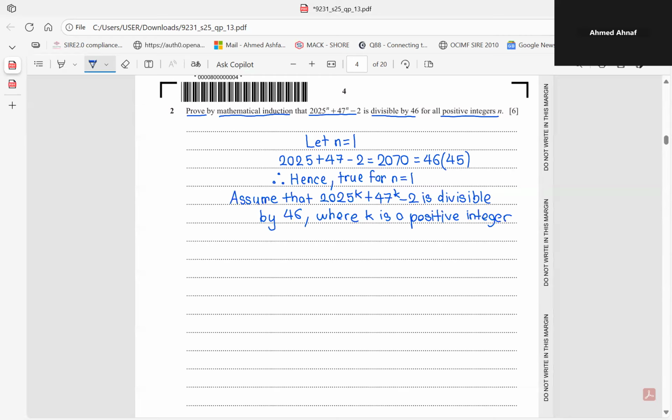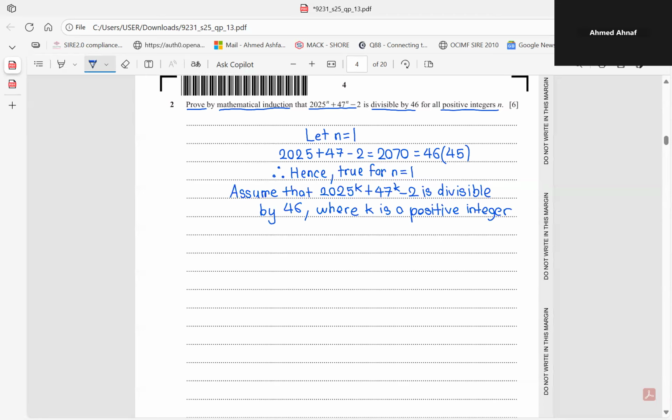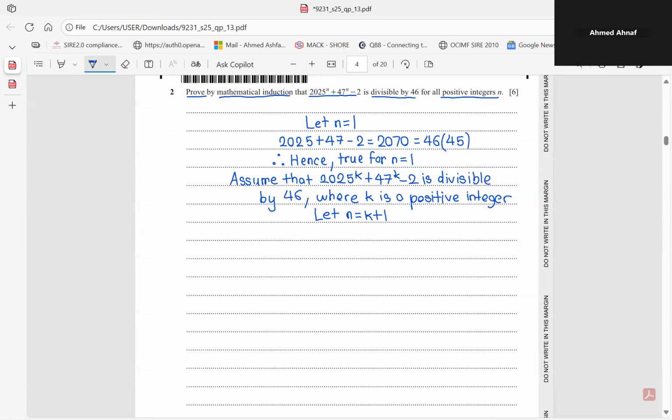Okay, now this is where the main part begins. We're now going to let n equals k plus 1. So this would be 2025 to the power of k plus 1 plus 47 to the power of k plus 1 minus 2.